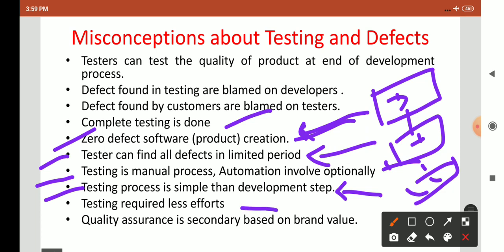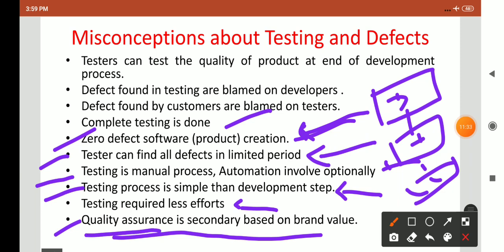Then, testing requires less effort. Again, if you check the scenarios for testing, it requires lots of effort. Last is quality assurance is secondary, based on brand value. Again, this is another misconception. Quality assurance is important in testing.